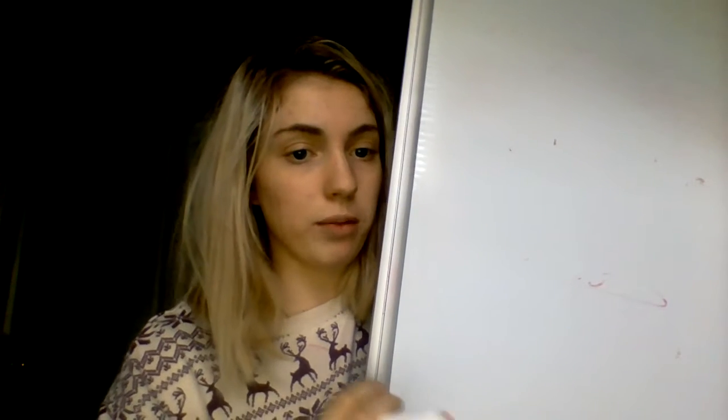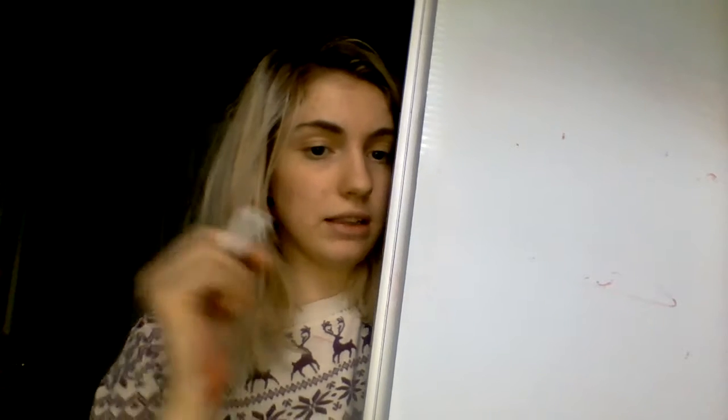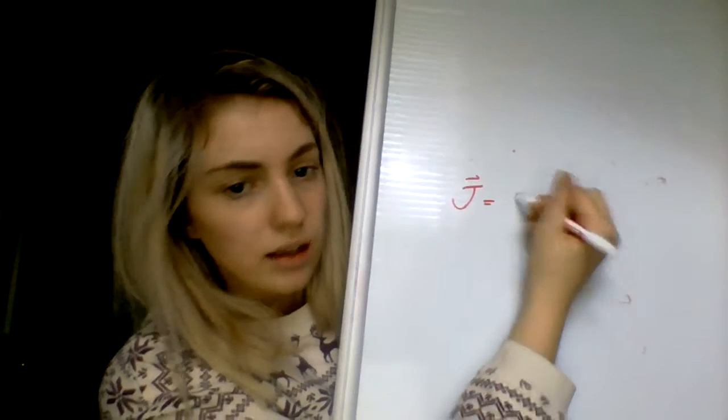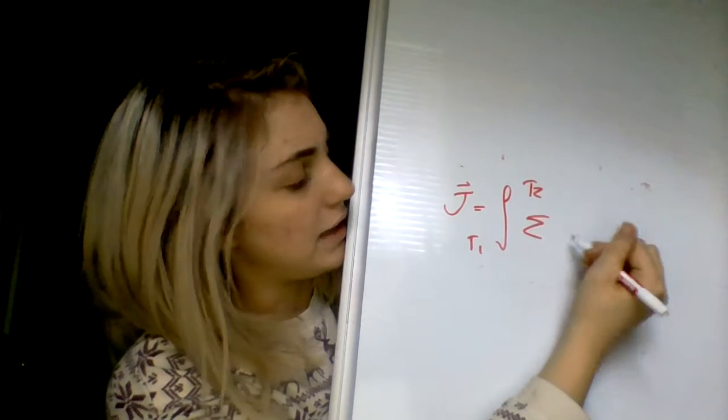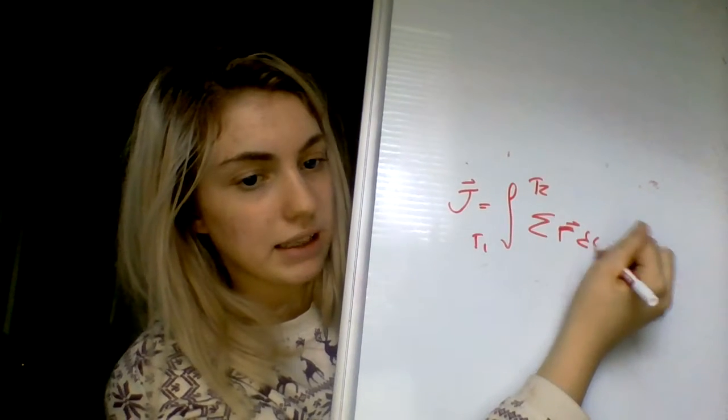Some of the knowns are that a net force acts on a particle over the time interval delta t from t1 to t2, and that the impulse J of the net force is given by the integral from t1 to t2 of the net force with respect to time.